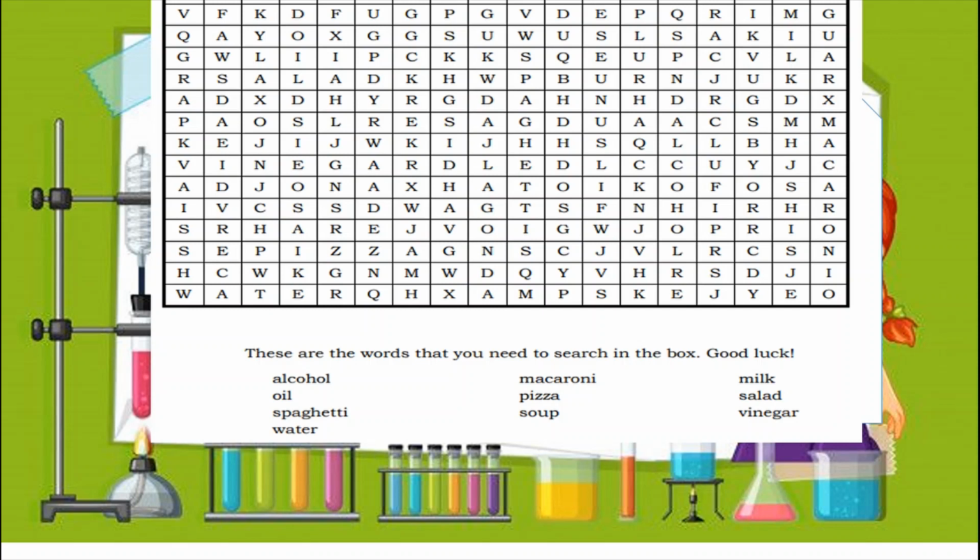Water, everyday nato giinom, dapat mag-drink tag water 8 glasses a day. Macaroni, sarap. Pizza, soup, kanang sabaw, milk, salad, and vinegar. So, pangitaon na ni diri children sa daghan kaayong mga letters kung asa diri dapit ang mga words nga ipa-search.